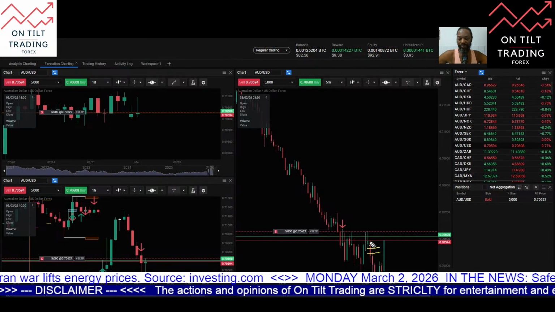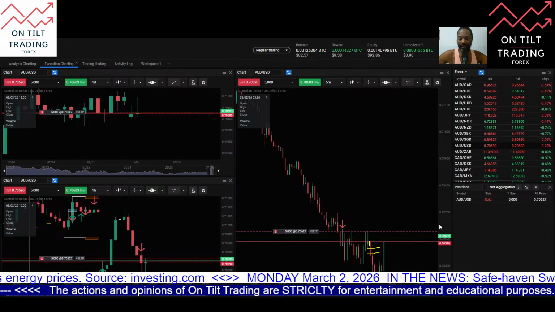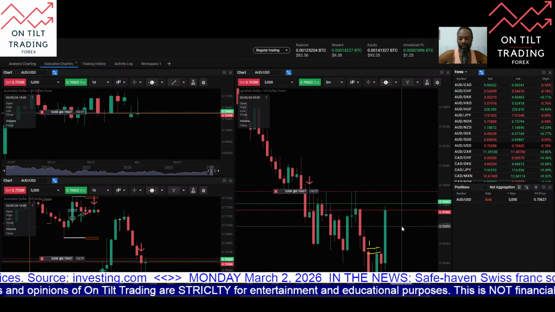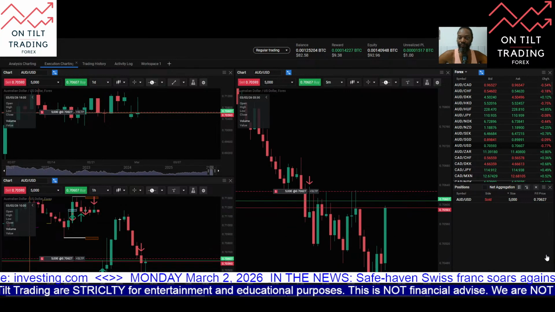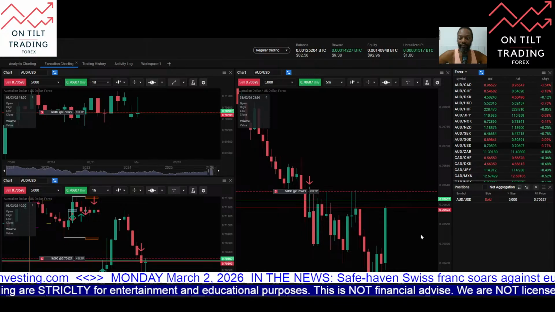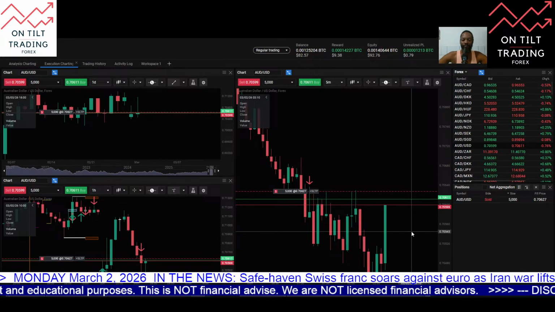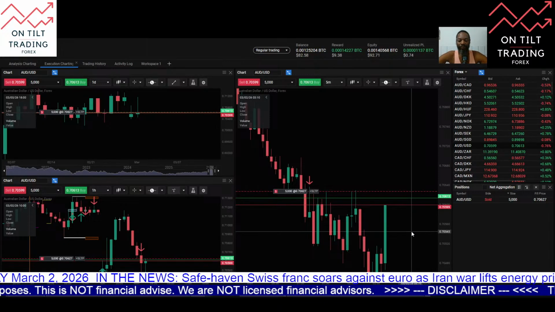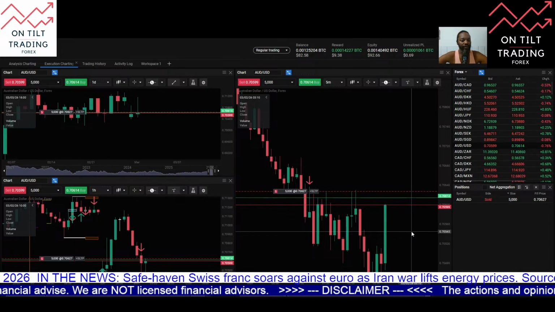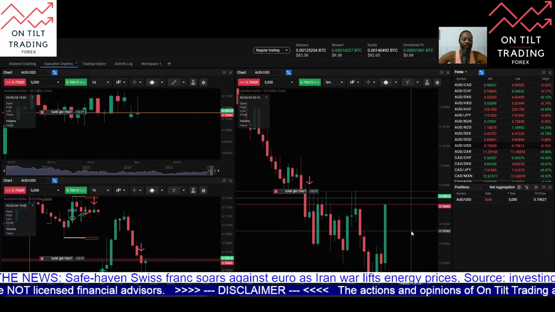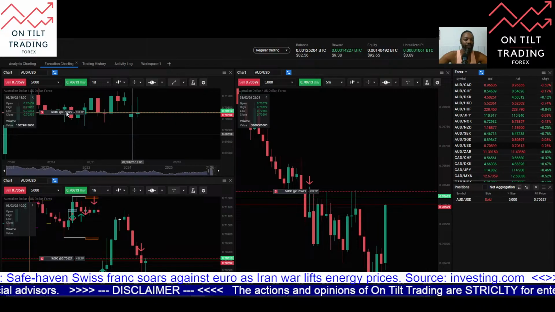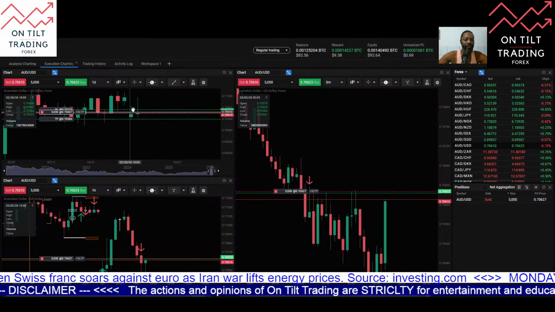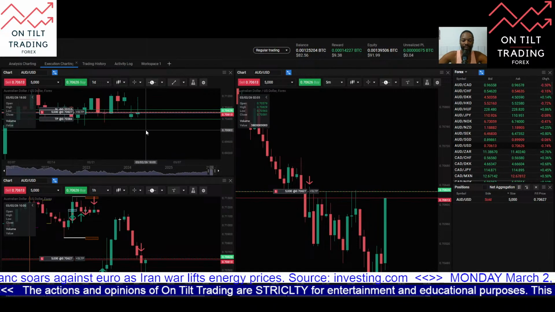Price has already come back and tested the rebalance point here. And just overall looking to target the low of yesterday's candle here, if price will get back to that level.